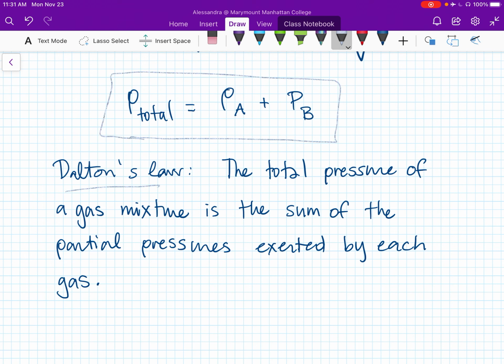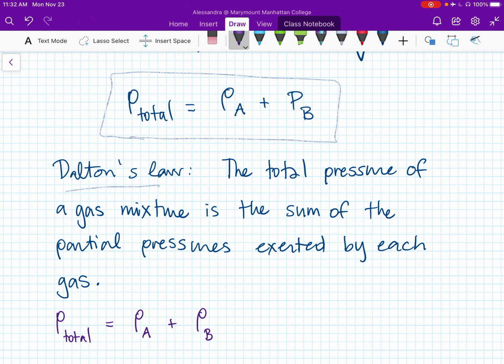Dalton's law states that the total pressure of a gas mixture, so a mixture is when we have two or more gases together, is going to be equal to the sum of the partial pressures that are exerted by each gas. So in that example, I just did only two gases, but this could go up to however many gases you have.